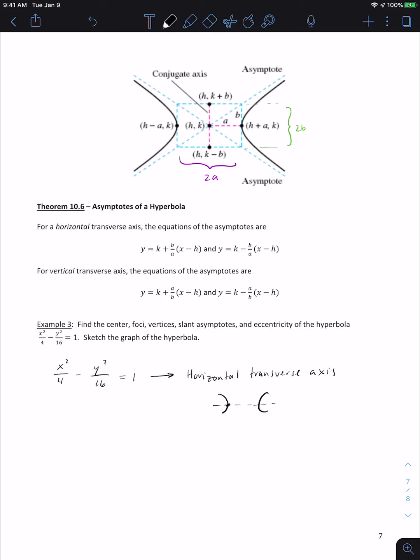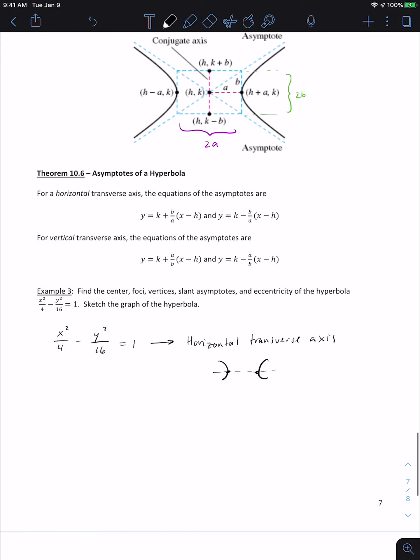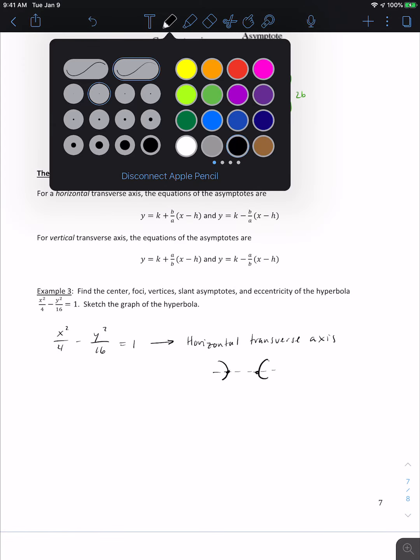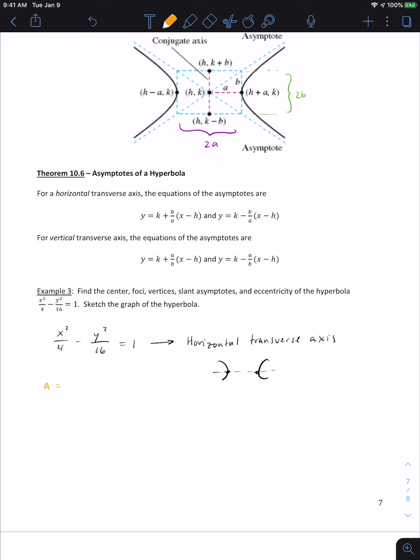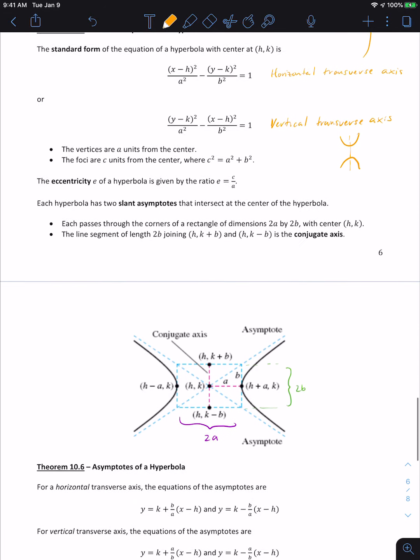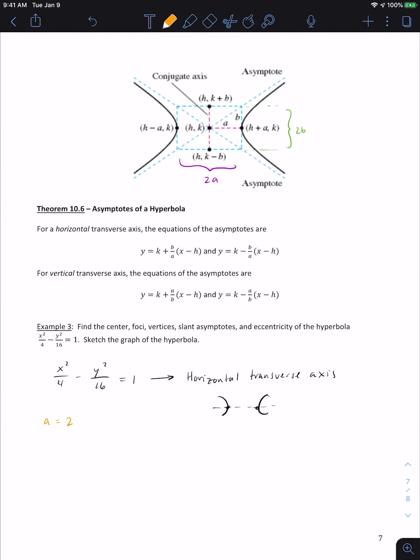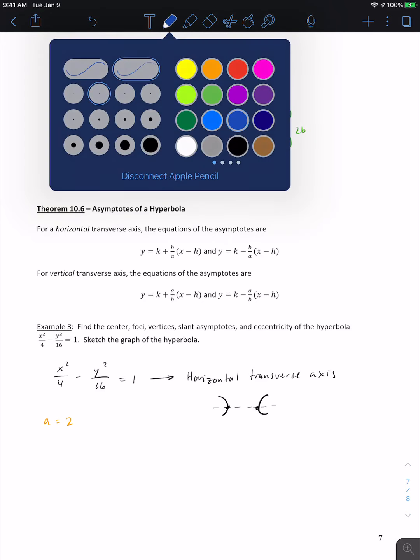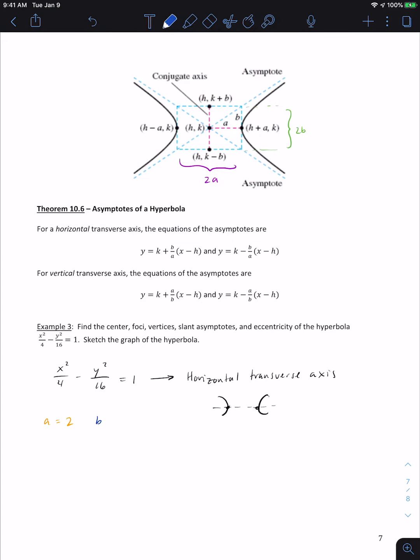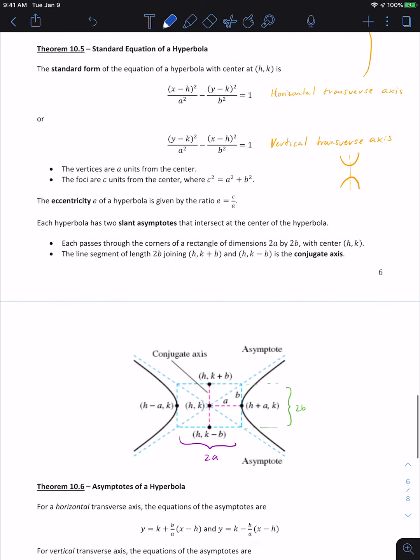This is what our hyperbola looks like. Okay, so now let's label what everything is. So a in this case is what's underneath the x term squared, so 2, because 2 squared gives us 4. b is what's under the y term, so that would be 4, because that's what we squared to get 16.